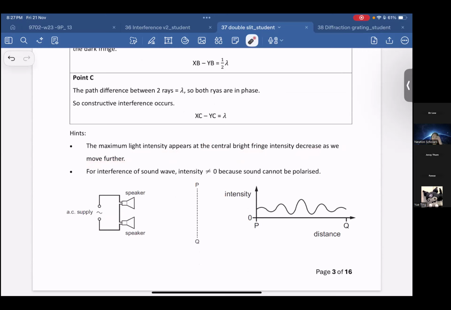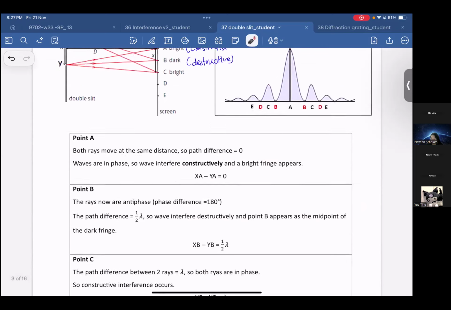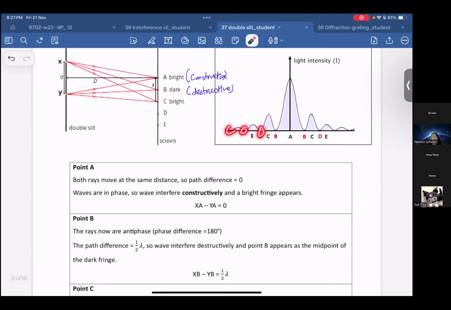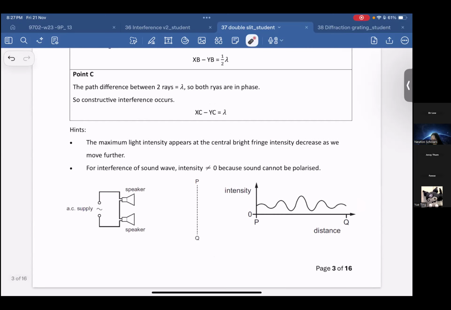One more thing I want to emphasize, because I saw a past year question talking about sound. At the end, the answer should not touch 0 like the light wave here. Why? Because sound wave is a longitudinal wave. It cannot be polarized. Still remember what polarized is? We have the filter, and the wave comes in.